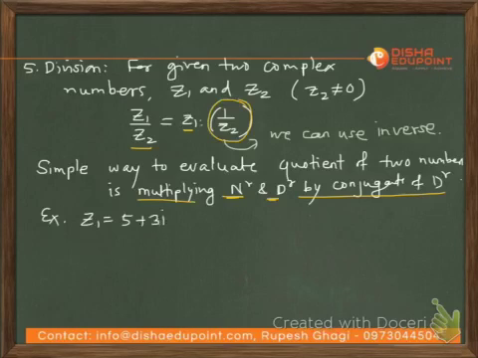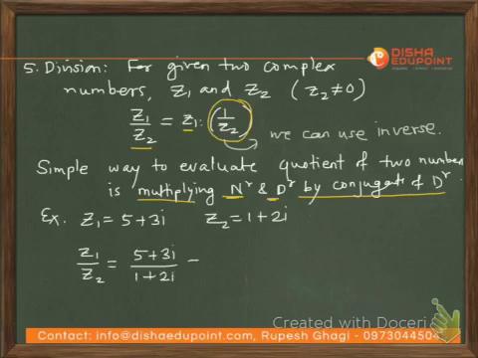Z1 is equal to 5 plus 3i and Z2 is equal to 1 plus 2i, and we want to find Z1 upon Z2, which is equal to 5 plus 3i divided by 1 plus 2i. We are going to multiply numerator and denominator by the complex conjugate. The complex conjugate of 1 plus 2i is 1 minus 2i, but we have to multiply numerator as well as denominator by the same.